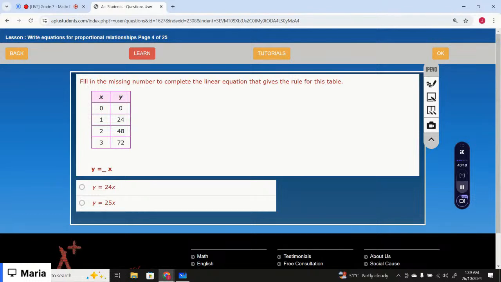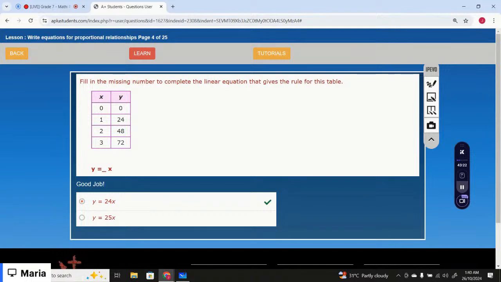The correct option is option number 1, that is y equals 24x.